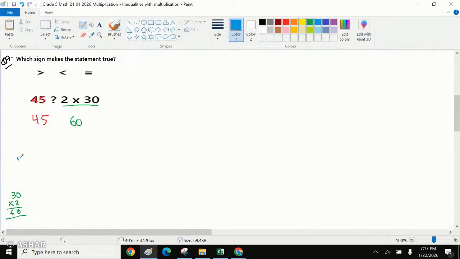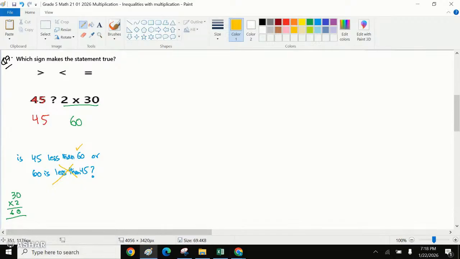Is 45 less than 60 or 60 is less than 45? Which statement should be true? We know that 60 is a bigger number, right? So this statement would be false. And this was true, right?